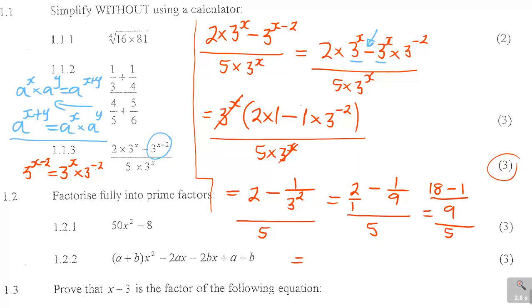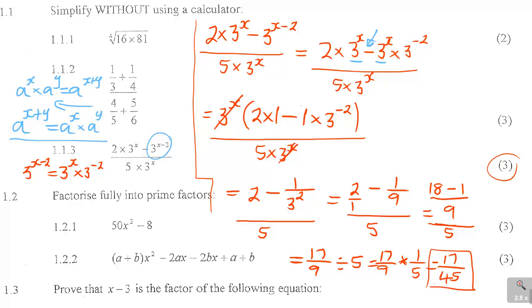It's up to you now how you solve that. You can actually test it while you are doing it with the calculator. So 18 minus 1, this is 17 over 9. Now again, where there is this over 5, you say divided by 5, which is equal to 17 over 9 times 1 over 5. And the answer is 17 times 1, it is 17 over 9 times 5, which is 45.